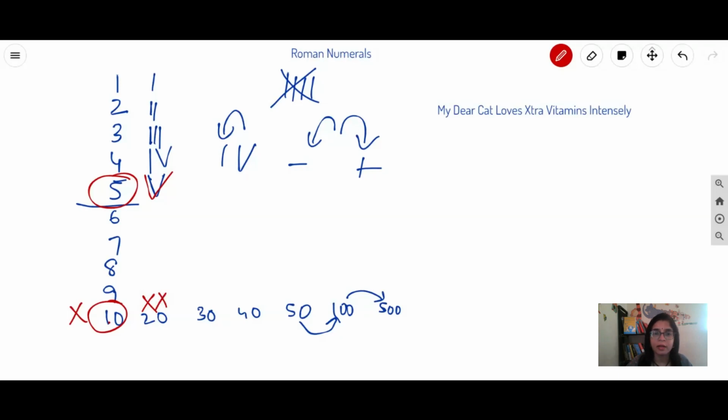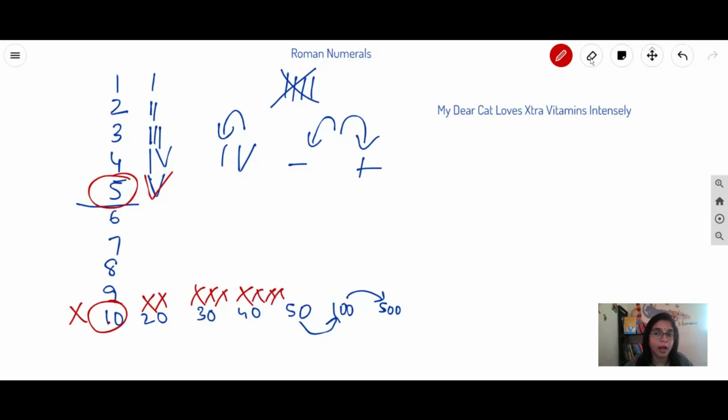X and X is 10 plus 10, 20. For 30, X, X, X. That means right side they're adding, no? So it is 10, 10, 10. So it's a 30.